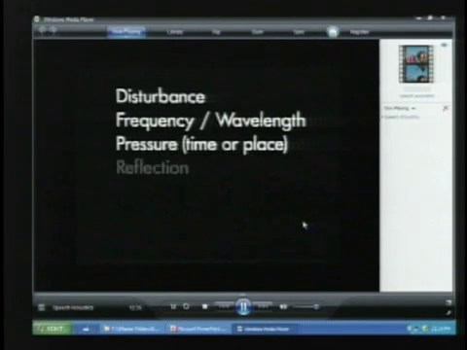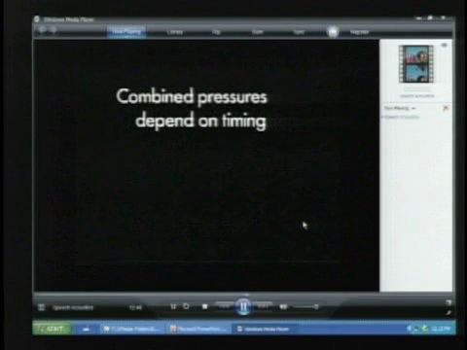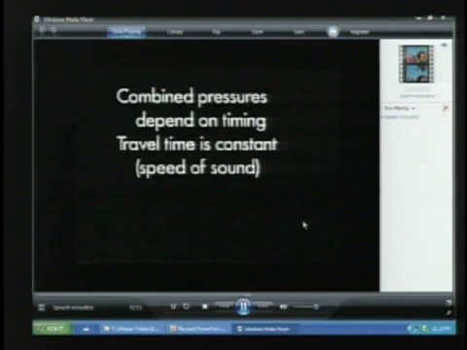The wave reflects when it hits a change in impedance. The reflected wave combines with the next incident wave, which further modifies the pressure. The combined pressures depend on the timing. The travel time of the wave is constant as long as the air's conditions remain the same.